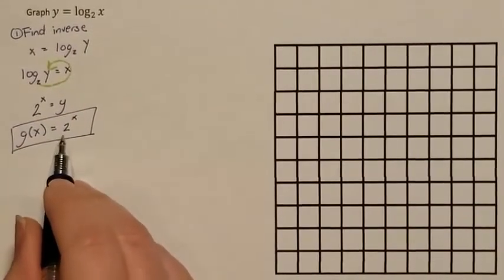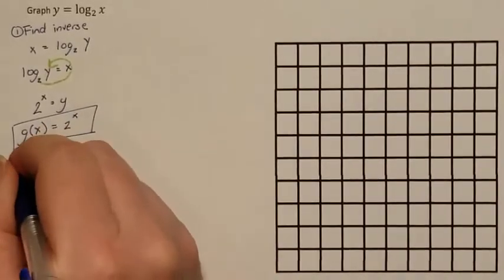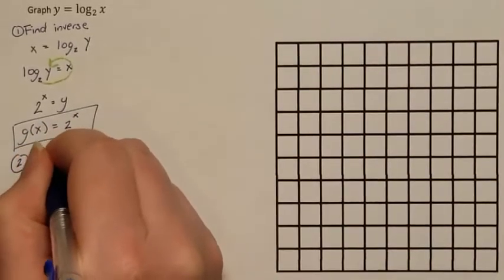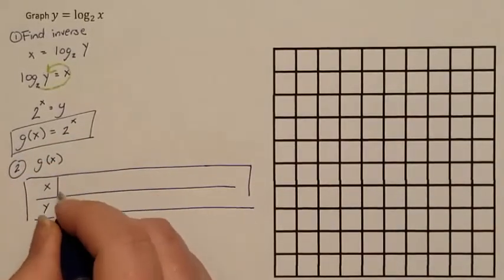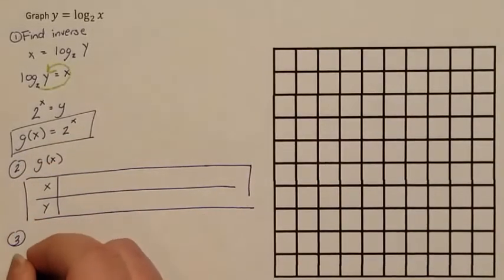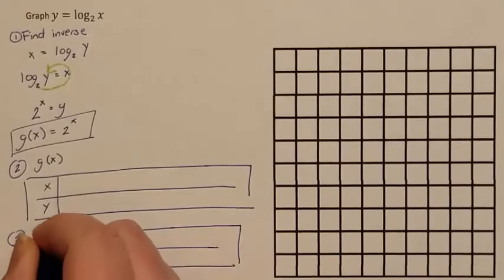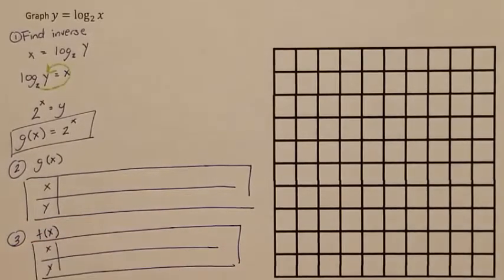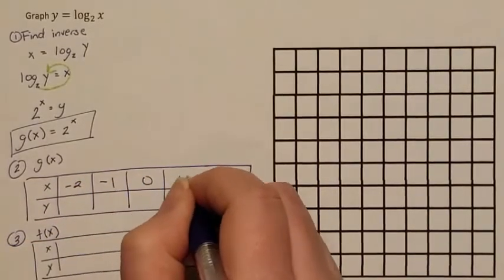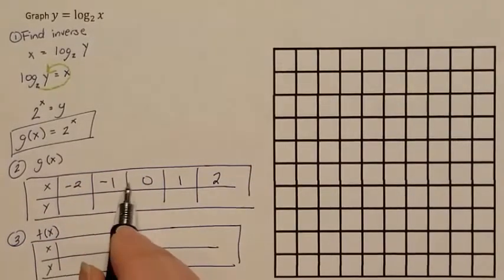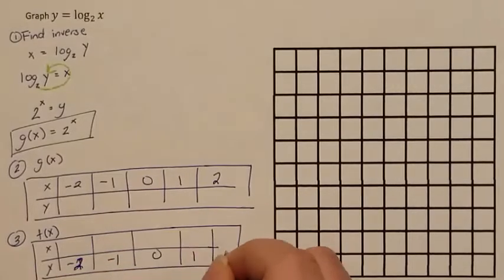This I know how to graph. This I do not. So we're going to graph the function we know how to graph. We are going to graph g of x using our tables. Once we know g of x, we switch the x and y axes, and that'll give us f of x. So we're going to try a few negatives and a few positives, remembering if those are the x's, those are now the y's.